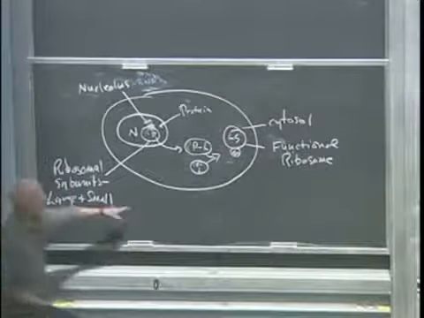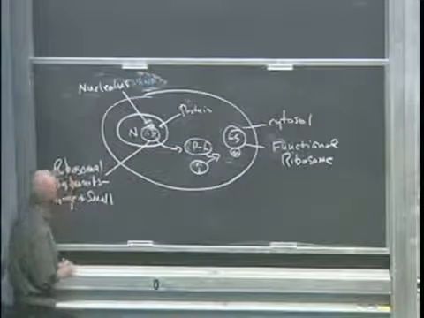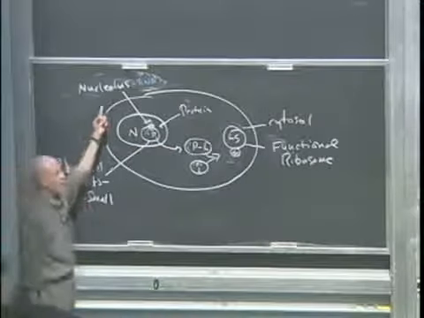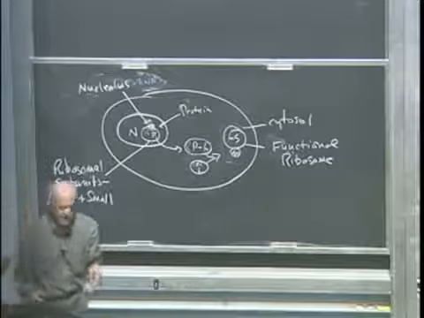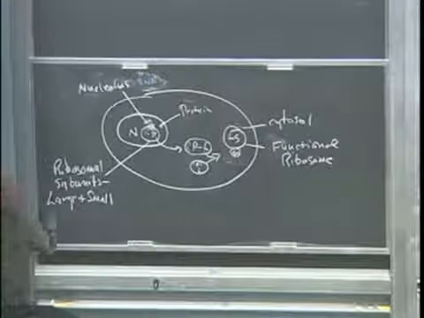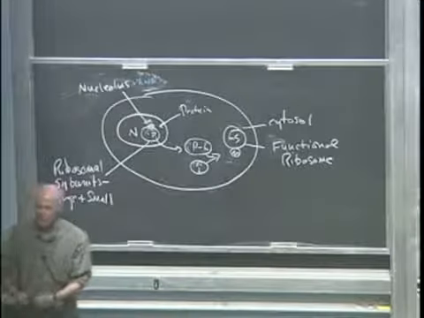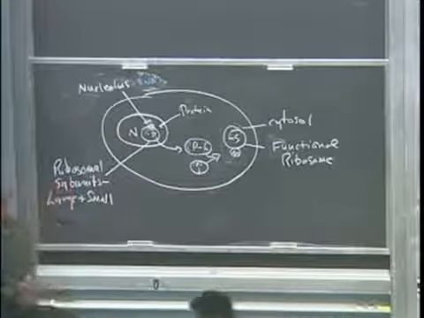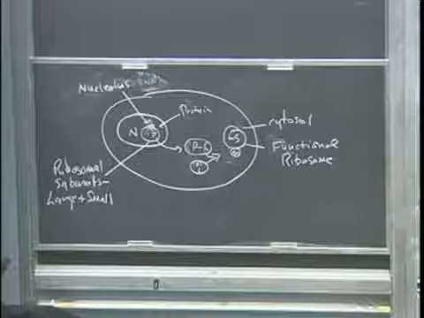So here's a cell, and here's a nucleus. There is a region in the nucleus called the nucleolus where primarily RNA is synthesized. There are several kinds of RNA. That's not important for our discussion; it's important for your next series of lectures.